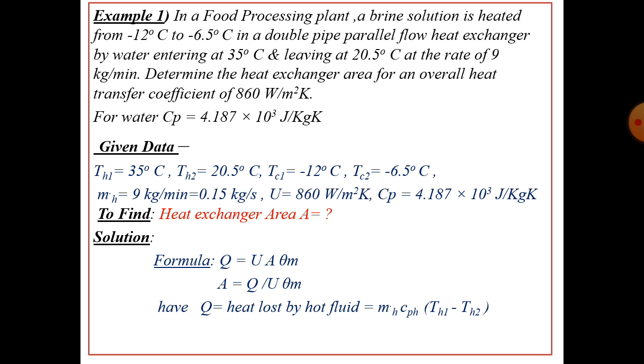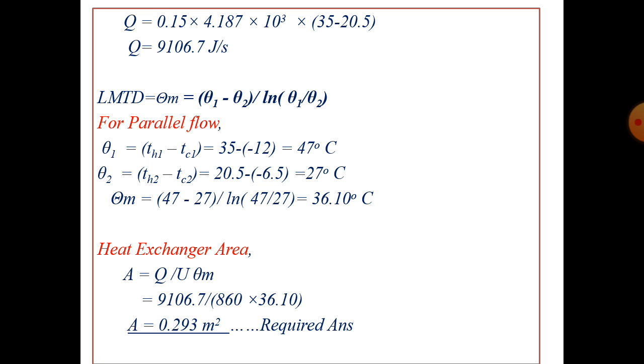So all the values we know. Let us put these values in the formula. We get Q is equal to 0.15 into 4.187 into 10 raised to 3 into bracket 35 minus 20.5. After calculating, we get Q is equal to 9106.7 joule per second. As Cp is given in joule per kg Kelvin, let us write Q also in the unit joule per second, which is nothing but watt.